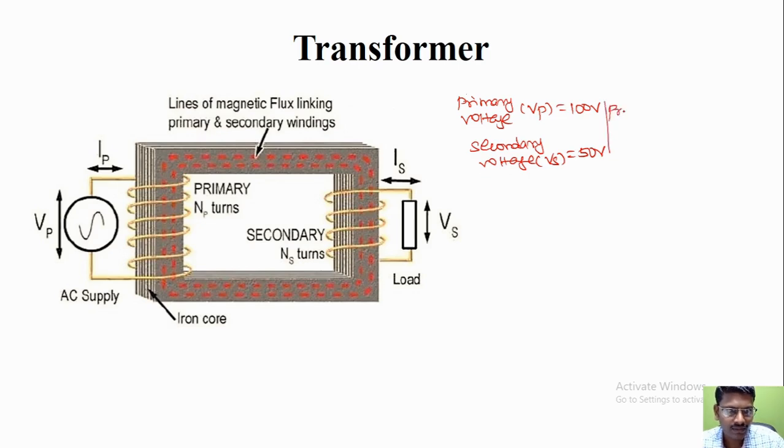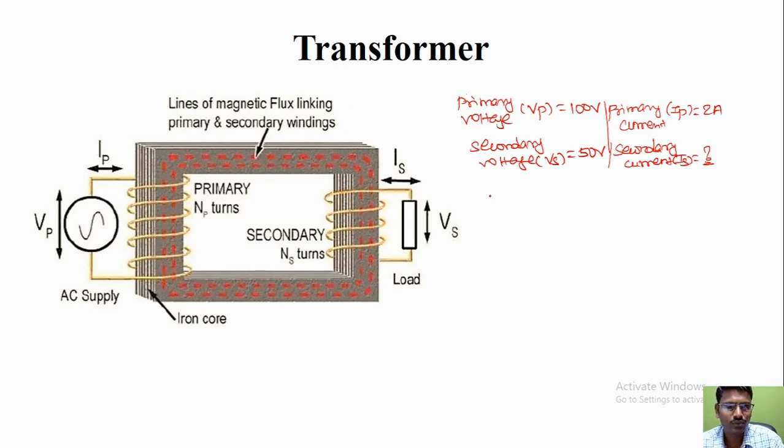Primary current Ip is equal to 2 amps, and I need to find the value of secondary current, Is is equal to, right? So I need the value of secondary current.